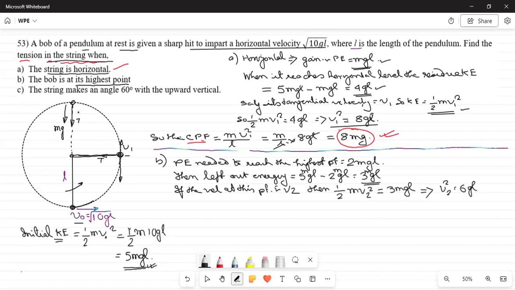And centripetal force is, of course, always oriented to the center of the circle.